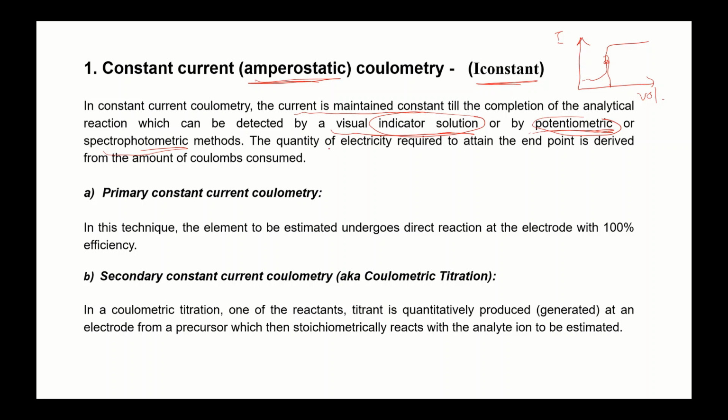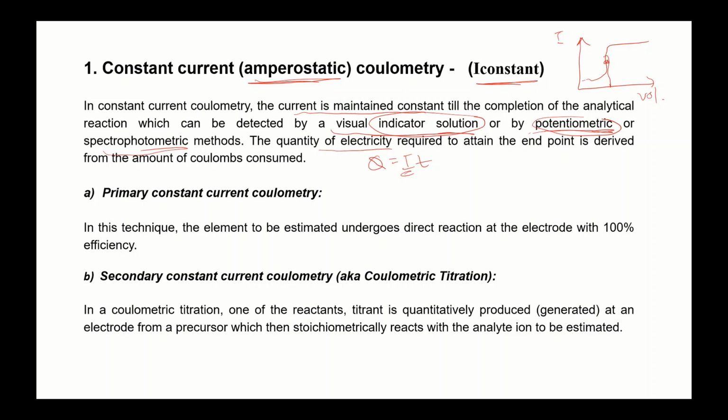The quantity of electricity required to attain the endpoint is derived from the amount of Coulomb. So you can calculate the Coulomb charge passed during the electrolysis process by taking the current I in ampere with time in seconds.